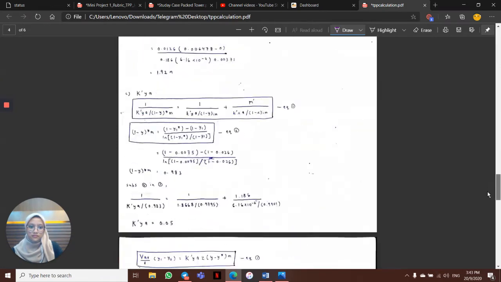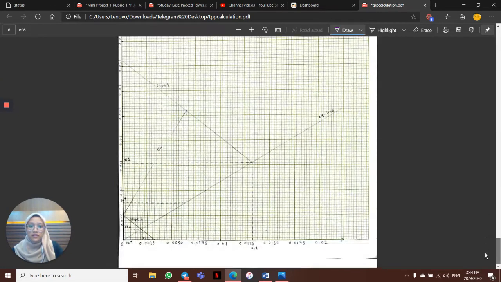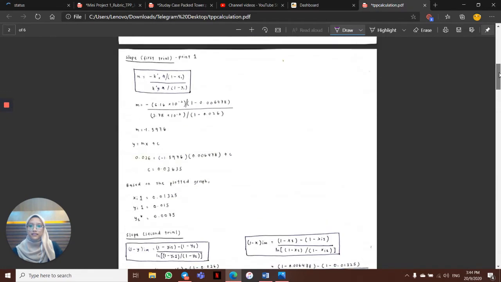By that you will have 2 points for the operating line, P1 and P2. In the graph, just plot the 2 points. Point 1 is here and point 2 is here, and you will get a straight line. Next, the equilibrium line.